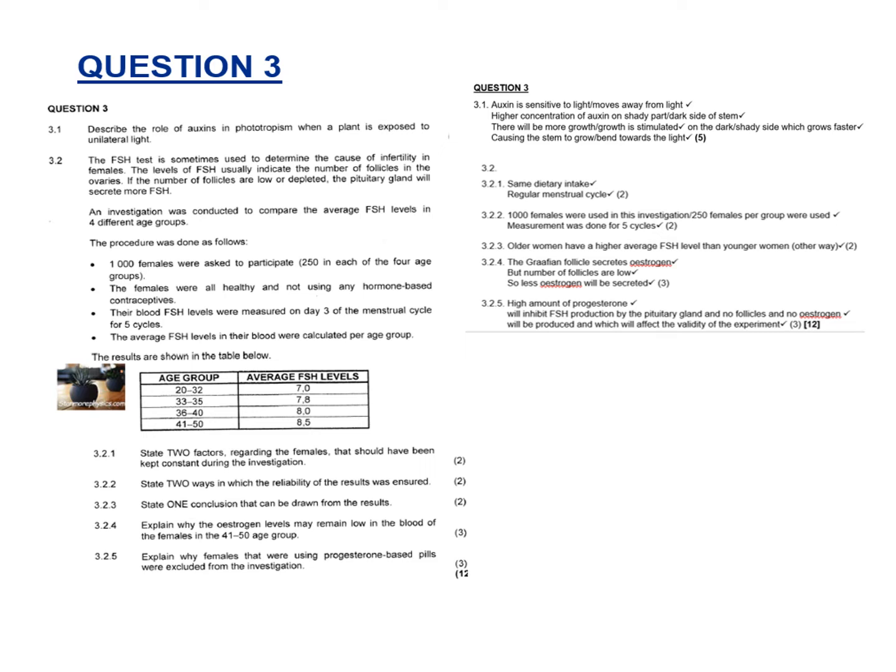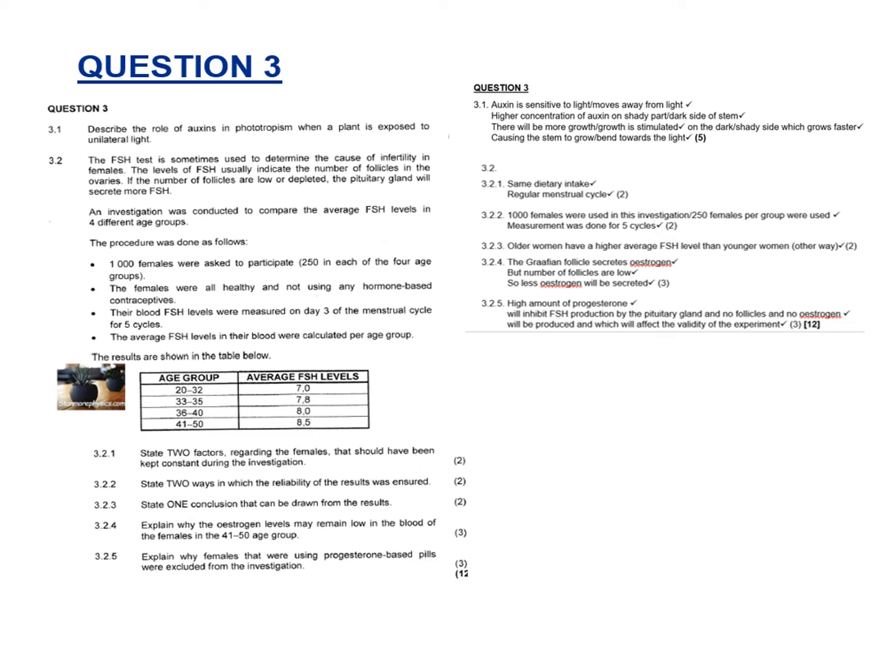3.2.3. State 1 conclusion that can be drawn from the results. Now if you look at the age groups, as the age group is increasing, you can see the average FSH levels change. In younger women, the average FSH levels are less because they have a lot of follicles. Older women have fewer follicles, so their pituitary gland will produce more FSH.